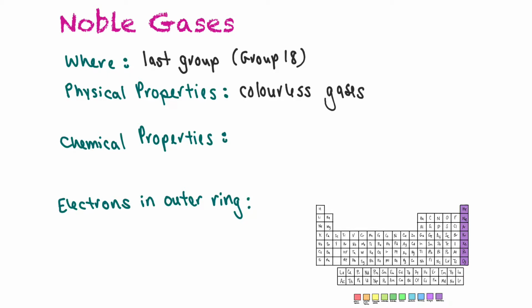Their chemical properties are that they're not reactive. And the number of electrons in their outer ring is 8, or for helium, 2. Because helium only has 2 electrons total, so it has a full ring. All of them have full outer rings, so that's why they're not reactive at all.